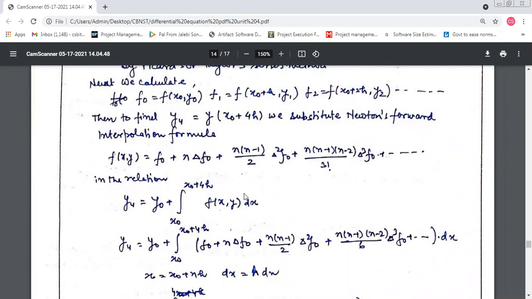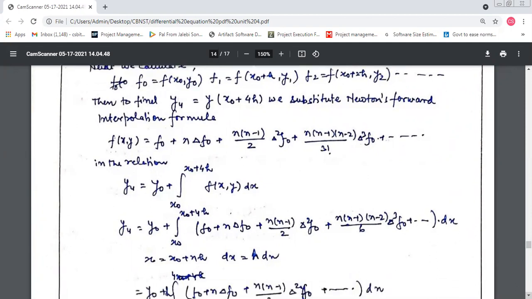And y4, which we want to calculate, is y0 plus, we are going to have a relationship, that is y4 is equal to y0 plus the integral of f(x, y) from x0 to x0 plus 4h.